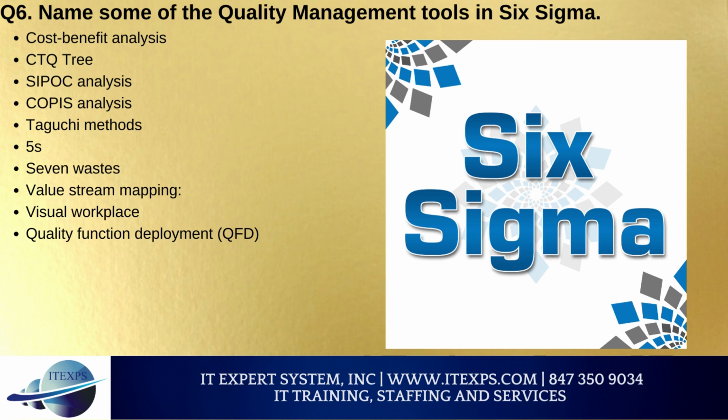Q6. Name some of the quality management tools in Six Sigma. There are several quality management tools. Some of them are cost-benefit analysis, CTQ tree, COPQ analysis, Taguchi methods, 5S, 7 wastes, value stream mapping, visual workplace, quality function deployment.